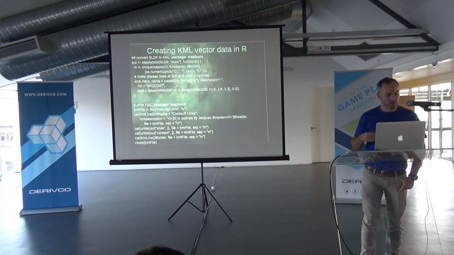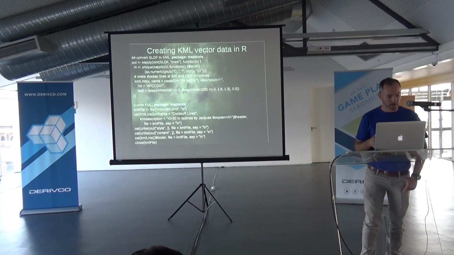And then I wanted to apply specific styling if the lines are at 500 and 1,000 meters above sea level. I wanted to make them a bit thicker, so I applied specific styling and basically wrote the KML file to disk.